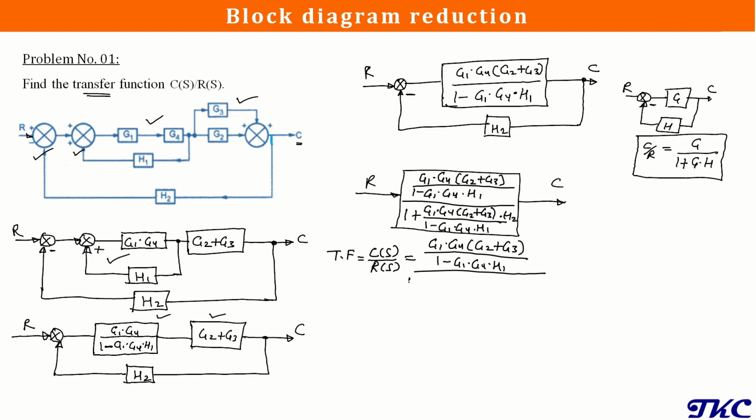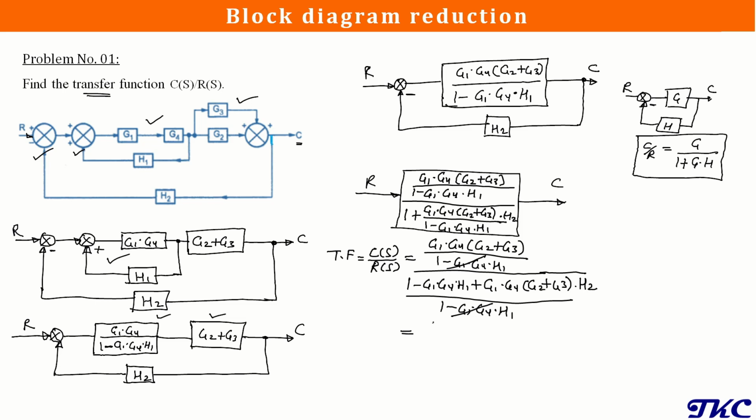So it will be 1 minus G1 into G4 into H1 plus this term here. So it will be G1 into G4 in bracket G2 plus G3 into H2, divided by, now the base will be 1 minus G1 into G4 into H1. So what we can do here, we can simplify it. So this denominator and this denominator we can cancel.